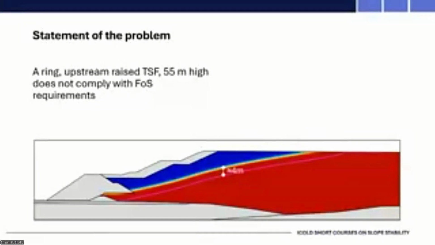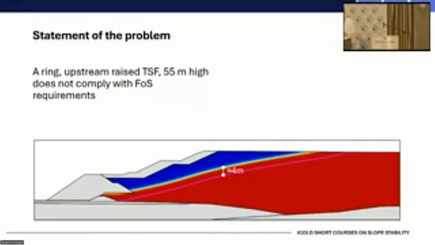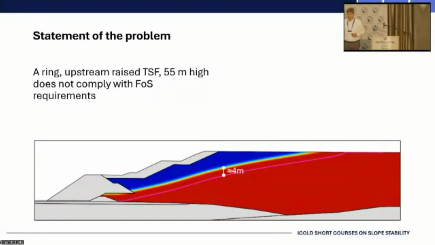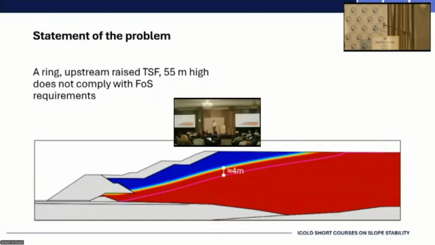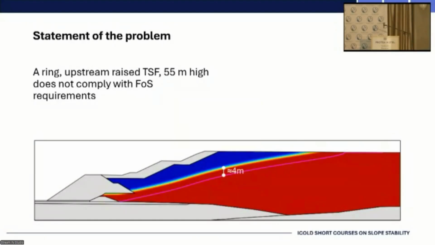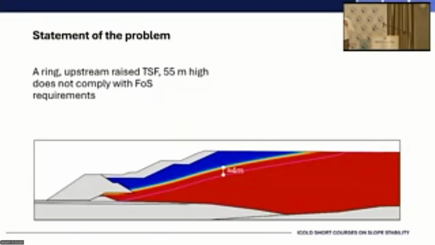So let's place the statement of the problem. We have a ring, upstream raised TSF, 55 meters high, which does not comply with factor of safety requirements. What you see at the bottom is one of the sections in the finite element model of the dam. What is that 4 meters? The capillary rise. What is the rainbow?